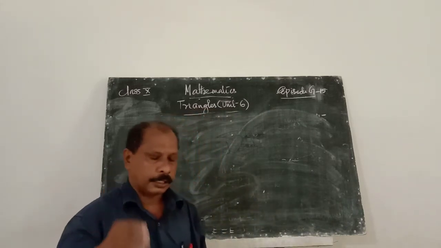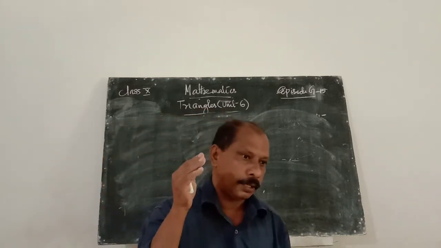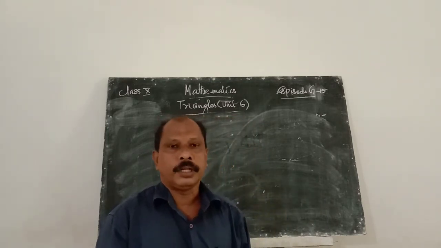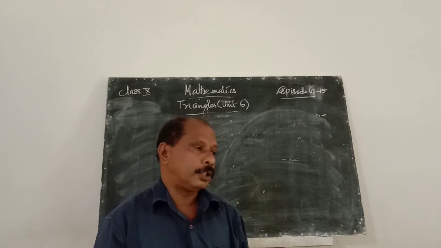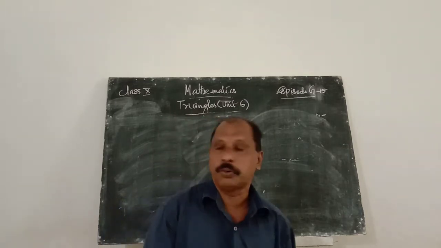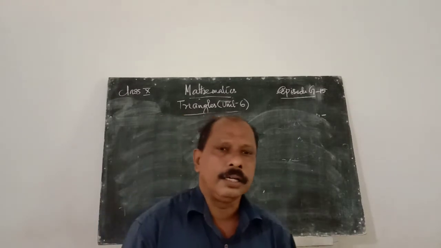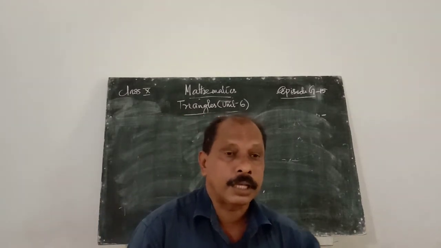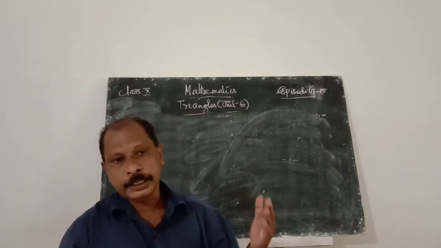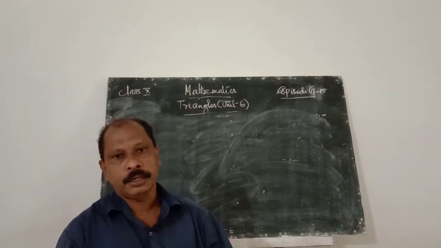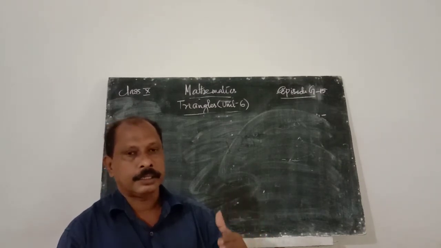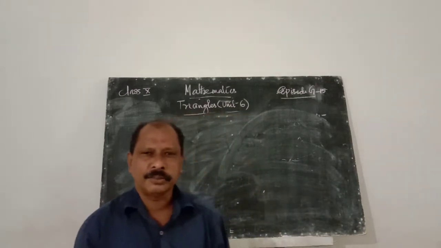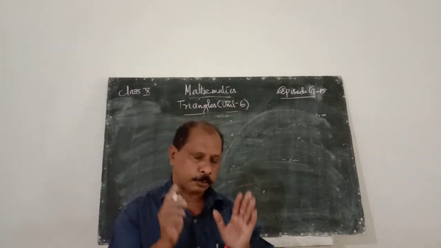Therefore, by the theorem from 9th class, we know that areas of triangles with the same base and between the same parallels are equal. Therefore, area of triangle BDE is equal to area of triangle CDE. Therefore, the denominators of the first and second are equal, and so the first and second equations are equal. Therefore, from 1 and 2, AD by BD is equal to AE by CE. That is the basic proportionality theorem.